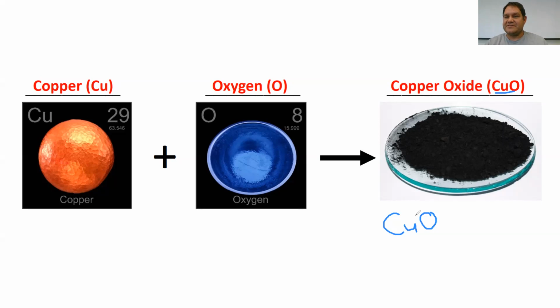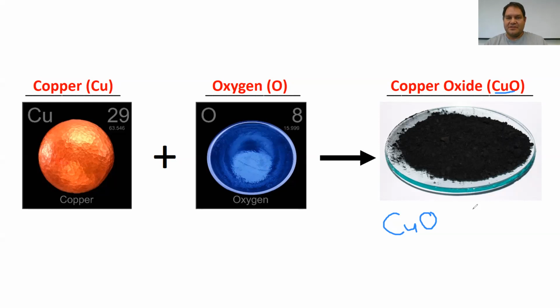It's clear, it's invisible to us as a gas. This picture shows you oxygen in its liquid form. When oxygen is in its liquid form, it actually is a pale blue color, as we see here in this picture, all right?